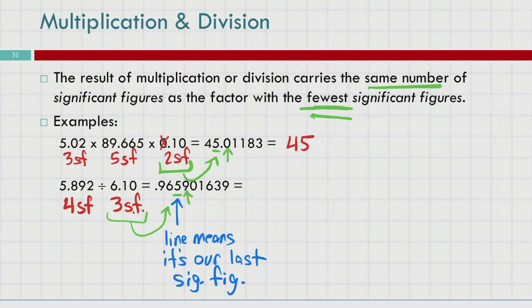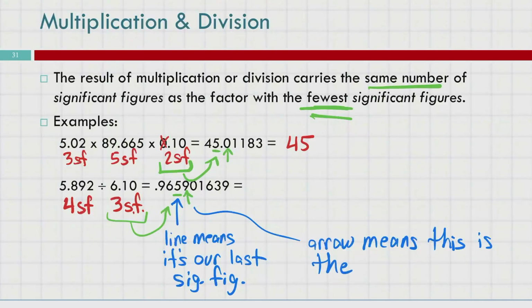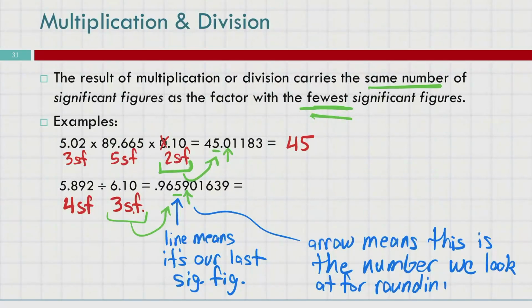An arrow at the 9. Arrow means this is the number we look at for rounding. So rounding this off to 3 significant figures, 0.966.